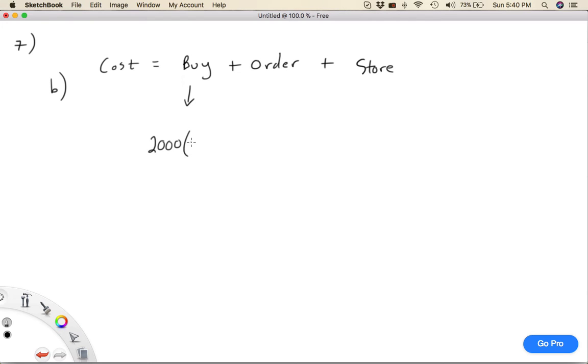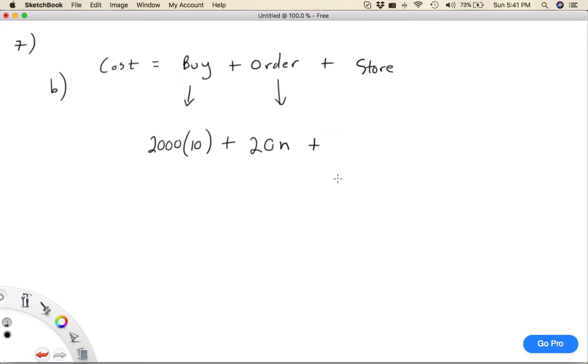We need 2,000 bottles, and we're paying $10 a bottle no matter what. To place the order, that's $20 each time we place an order, and we're placing n number of orders, so 20n. And then to store it, we are paying $2 a bottle to store for 1 year.